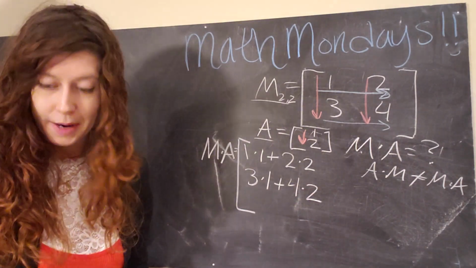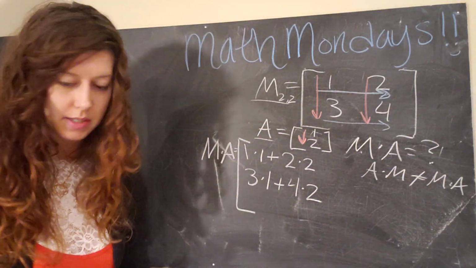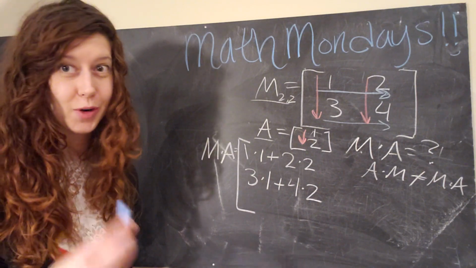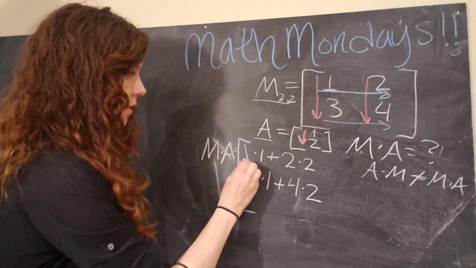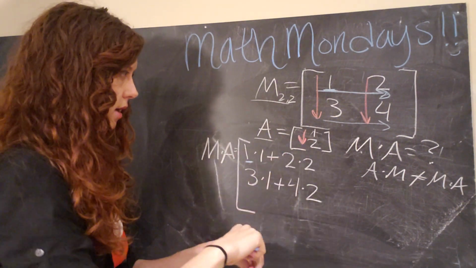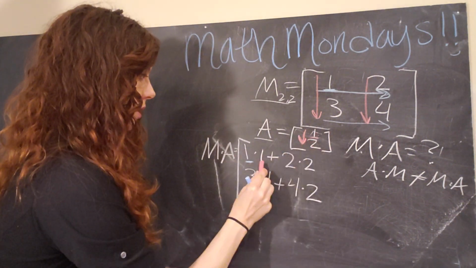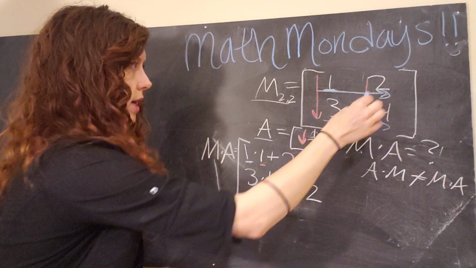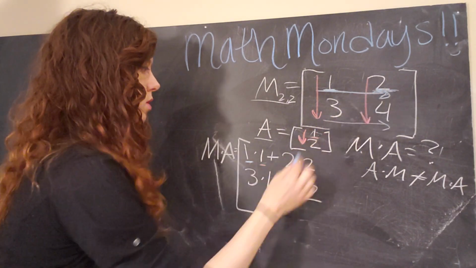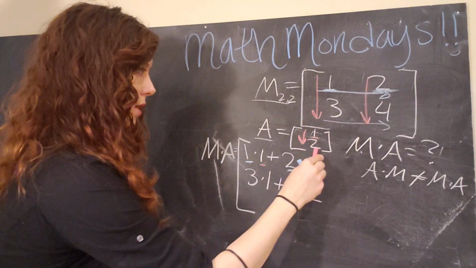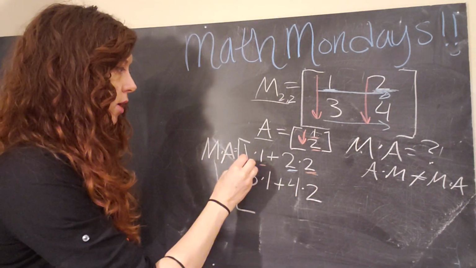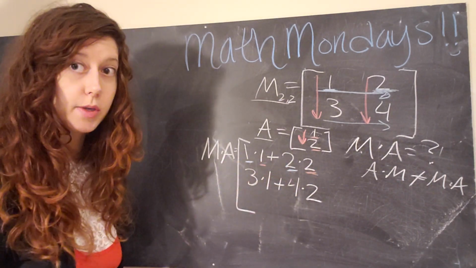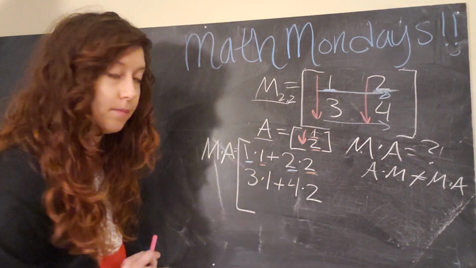Okay, so I'm going to use some colors to help us figure out what is going on here. So we have 1 comes down here, and 1 comes in here. And then we have 2 multiplied by 2 here. So you can see the row is multiplied by the column.